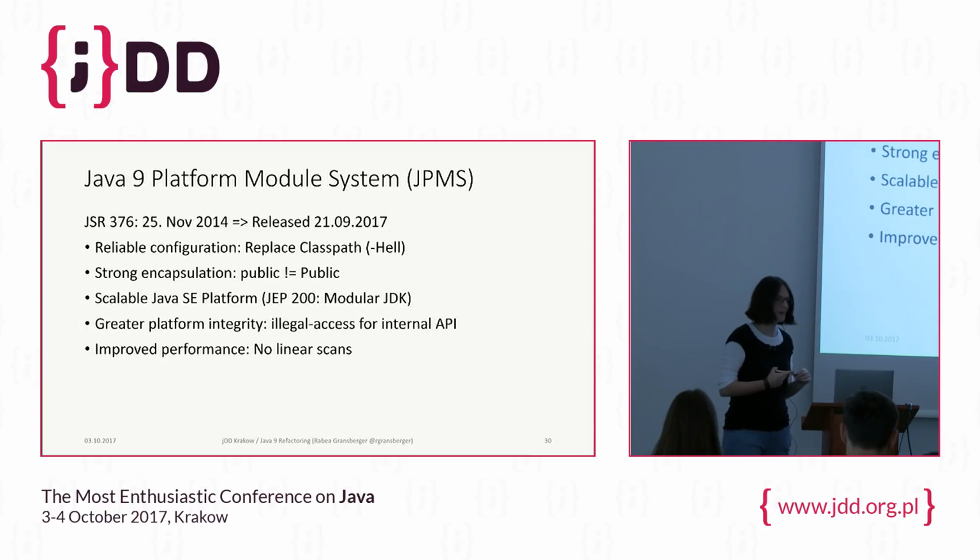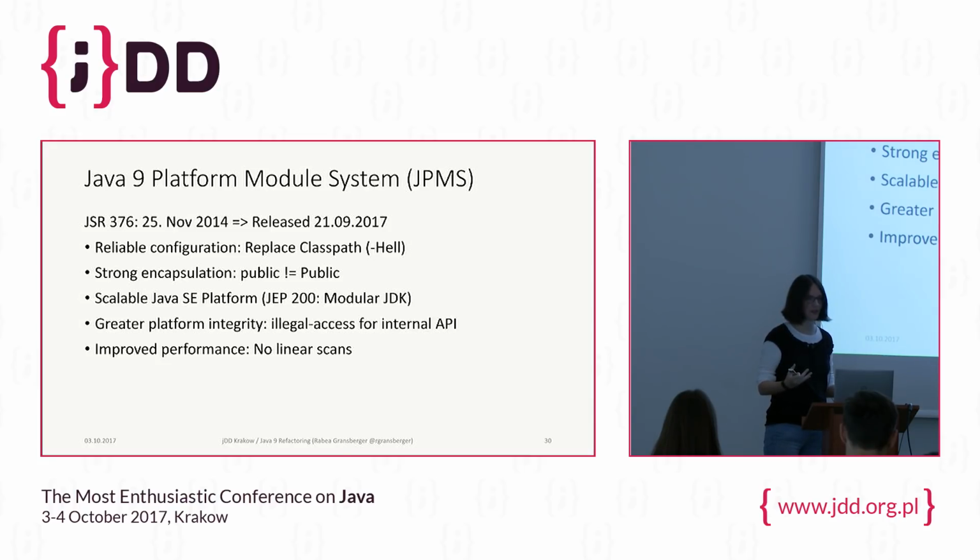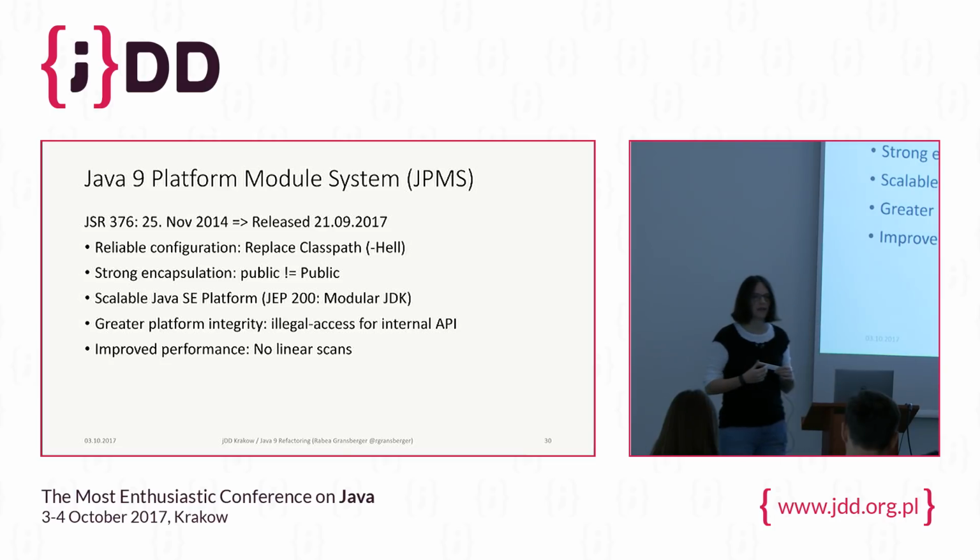Sorry, we want to replace the class path, because I already said before, if you have multiple versions of a jar on the class path, it can easily look like hell, right? You don't know which one of the versions is actually used. And we also want to solve another problem: when we have a public class in our jar, it's always accessible from the outside.